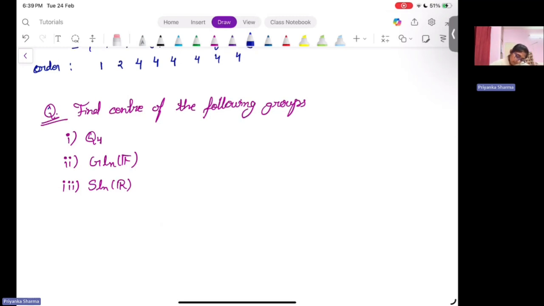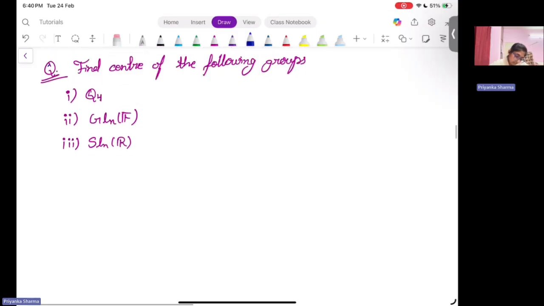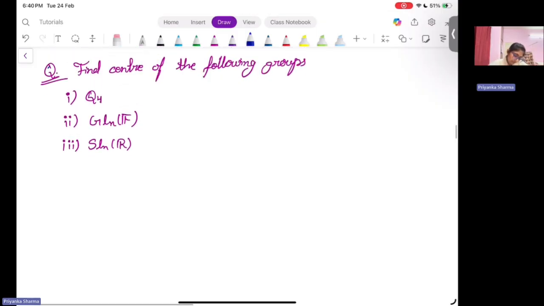So let's come to some computational examples. We have these three groups and we need to find out their centers. So first, what about Q4? The center is denoted by Z(Q4).